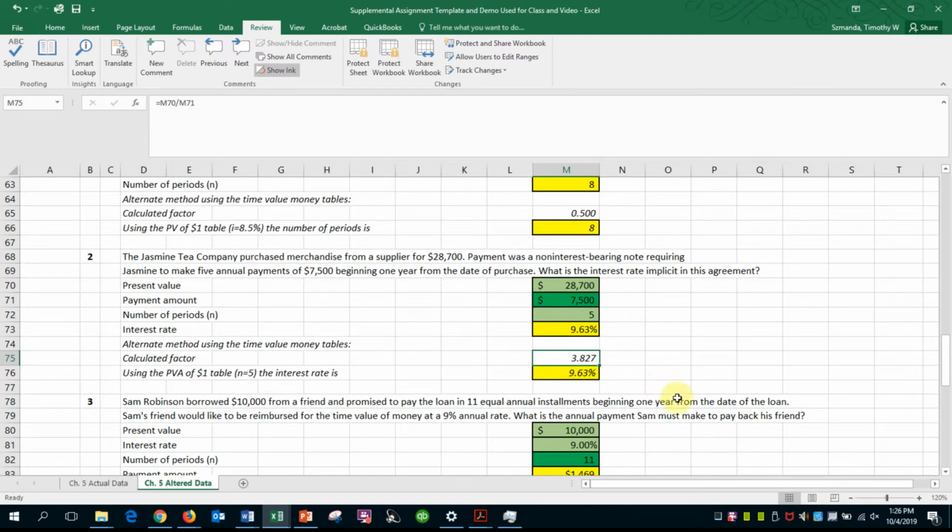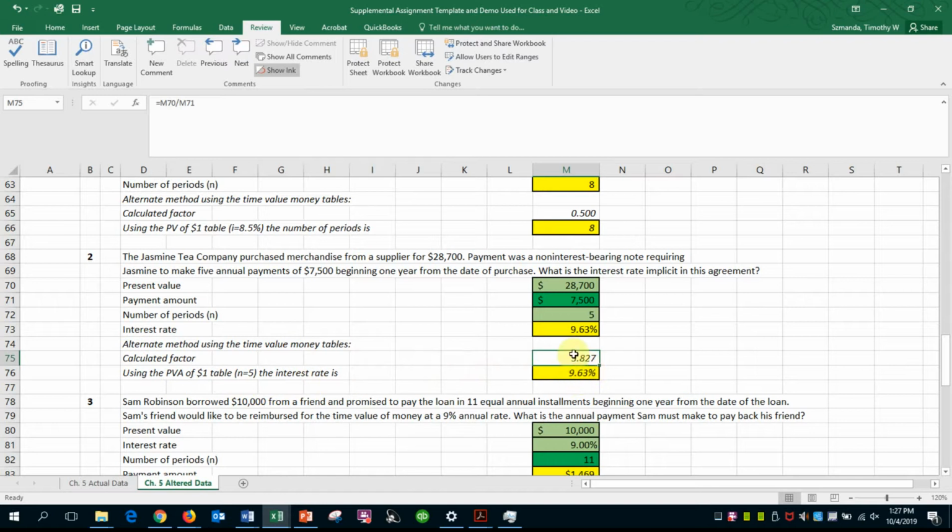Now, I realize your tables aren't this precise, and so you don't actually have interest rates that are broken down in this fine of detail. So we'd have to use a process called interpolation. But for those of you using the tables, using the data that's actually given to you in the problem, you will have a factor that aligns almost exactly with the interest rate that you need.